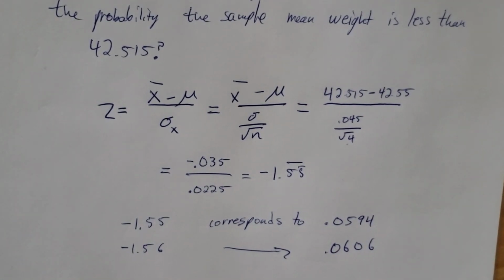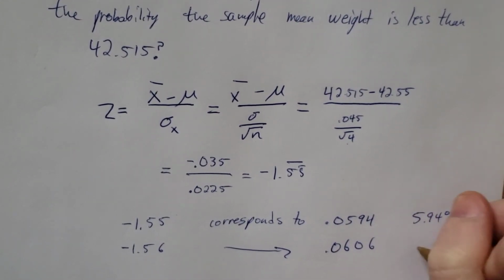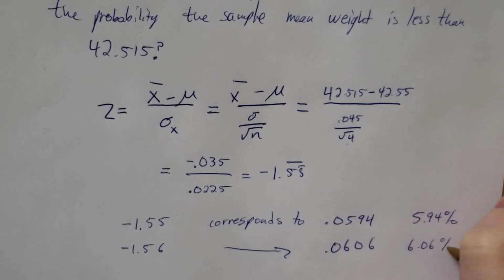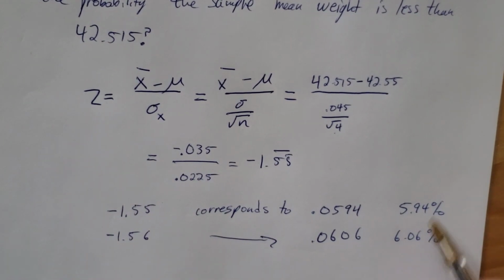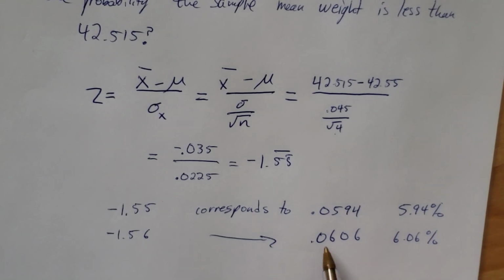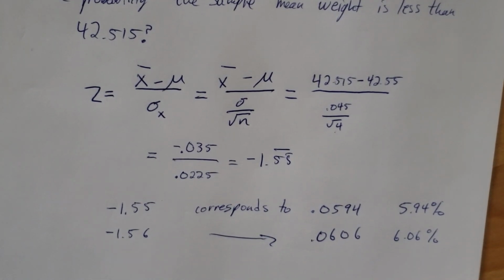So our percentage should be somewhere between 5.94% and 6.06%. And really, you can use something in between there, like 6%, i.e. 0.0600, or you can use either of these values. Whichever you choose is actually fine. The answer should be accepted either way. And that is it for this video.